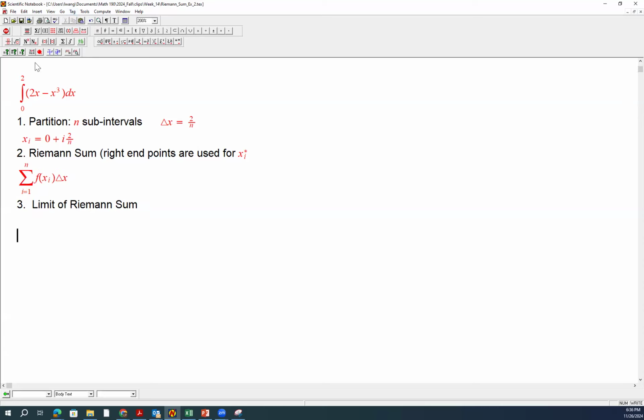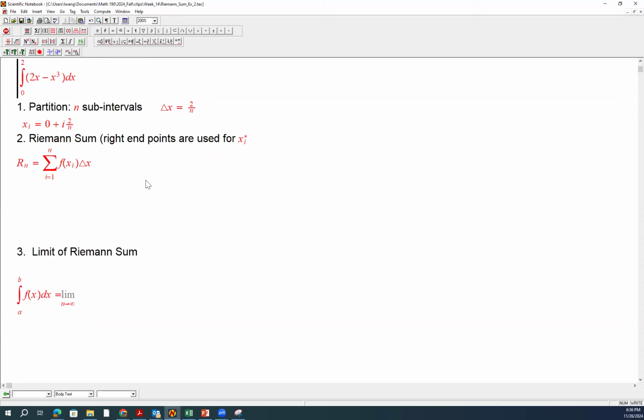Okay, so I'm going to bring this limit part over here, R sub n. So you can see the work can be reduced. You just take x sub i, R sub n. So this one is just 2 over n multiply i.